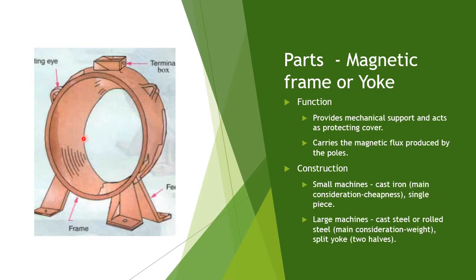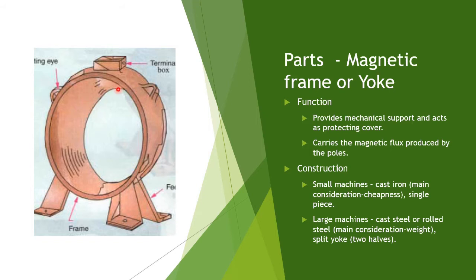Let us see the parts one by one. This is the outer frame or yoke. It provides mechanical support to the machine, and also acts as a protective cover. It carries the magnetic flux produced by the poles. It is made of cast iron or cast steel.